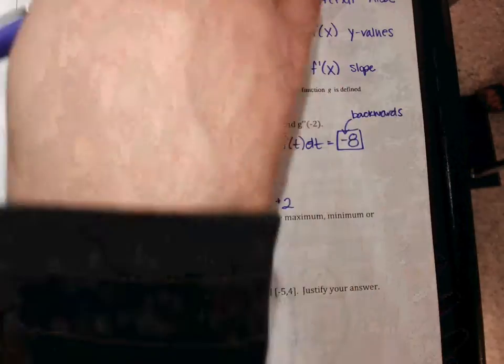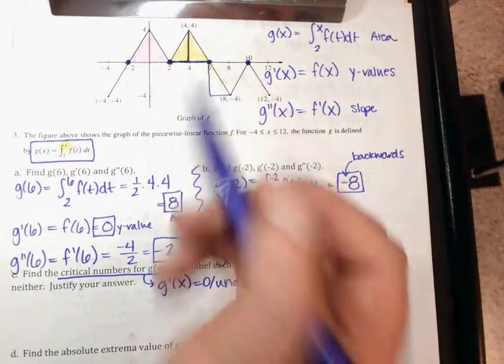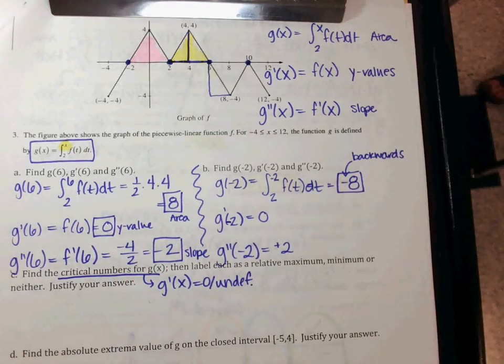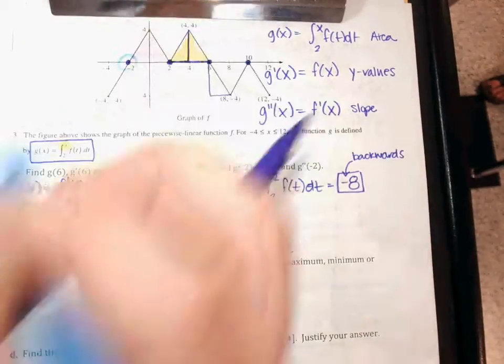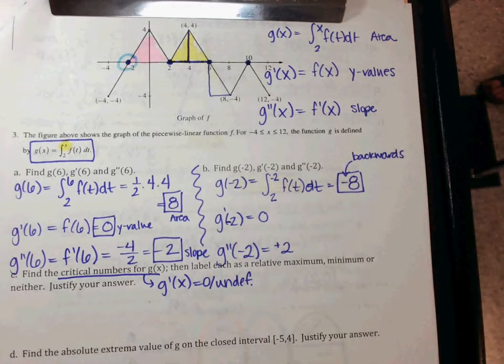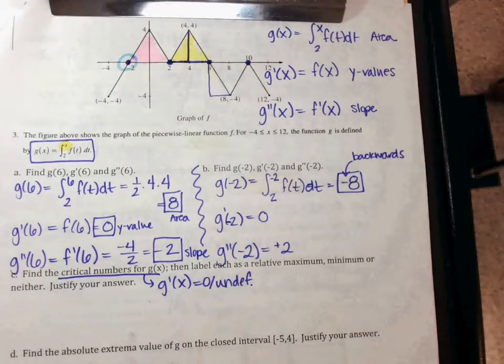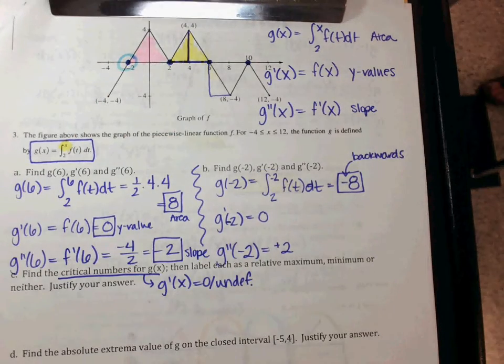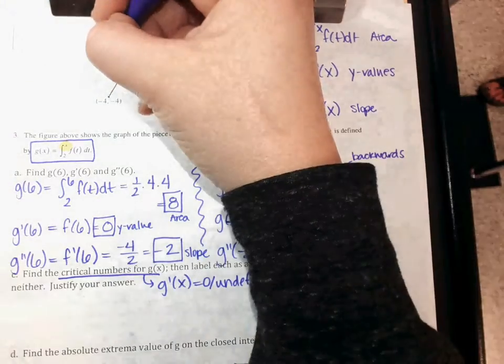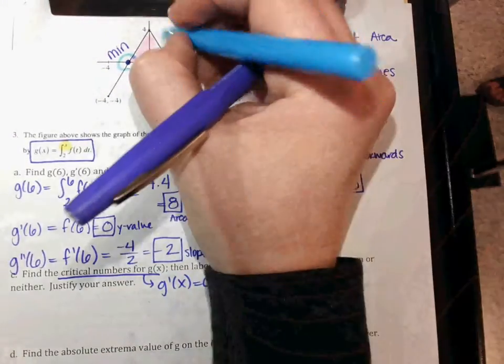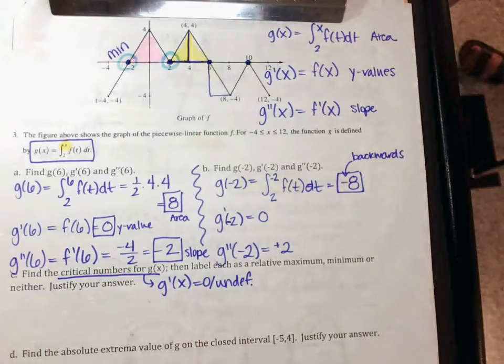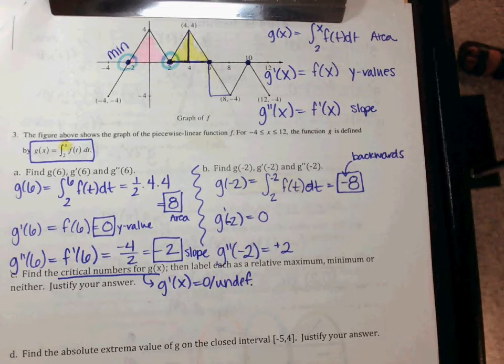So, for my very first one here, all 4 of these are critical numbers. Is this first one a min, a max, or neither? Minimum is right, because it went negative slope, positive slope. That's a minimum. Okay, what about at 2? Neither.